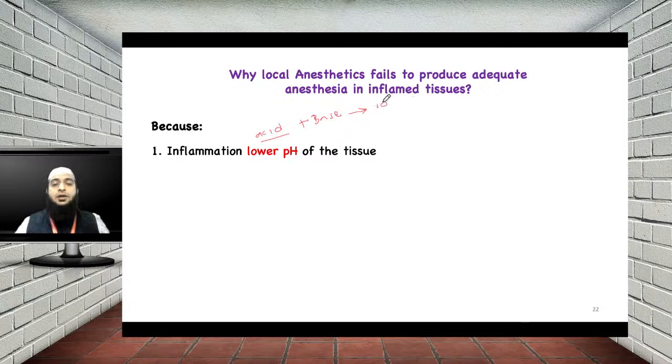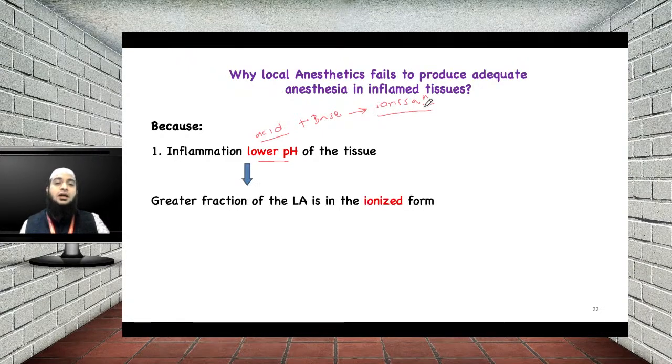So since in inflamed tissue the pH is lowered and becomes acidic, the local anesthetic, having a weakly basic pH, undergoes ionization, and this is a universal phenomenon in case of drugs, that the ionized form of a drug is not absorbed, right? So a greater fraction of local anesthetic, due to low pH, remains in ionized form, and it is not absorbed at the muscle area where you need local anesthesia.